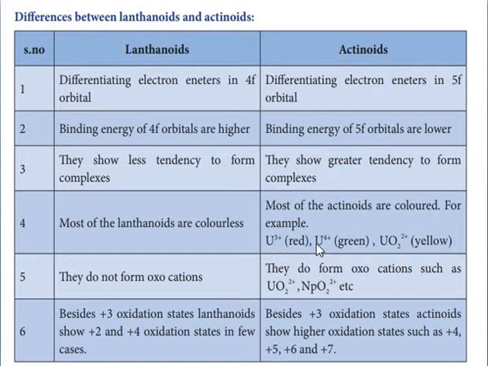This means uranium shows +3, +4, +5, +6 oxidation states in its compounds, and due to these variable oxidation states actinoids are colored. Uranium has various colors, red, green and yellow, depending on the oxidation state.